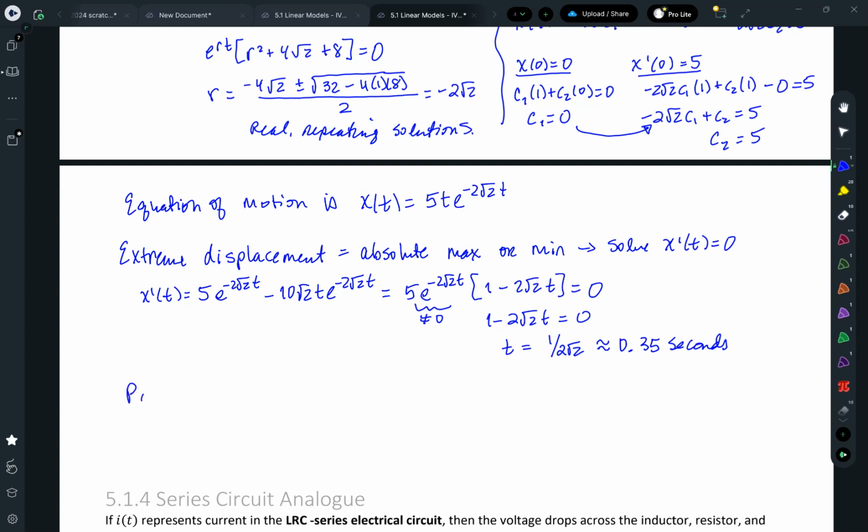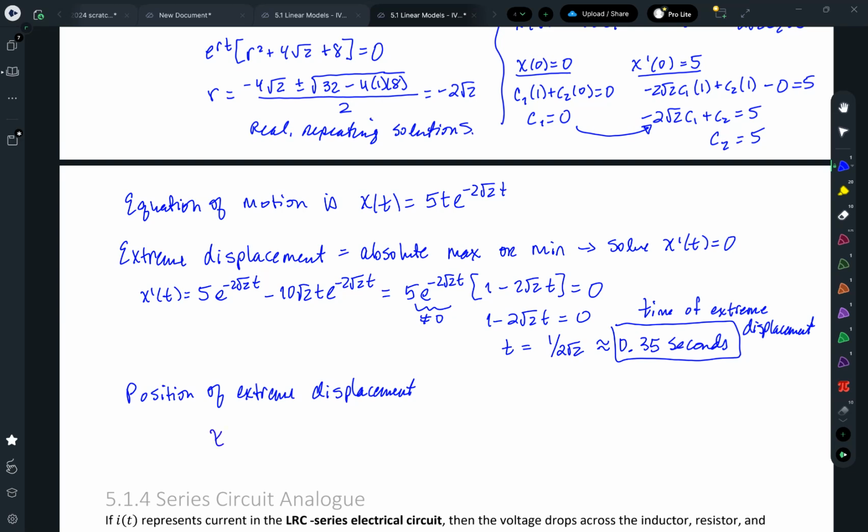The position of extreme displacement, position is x of t, but we just need to find x of t when t is 1 over 2 square root of 2.